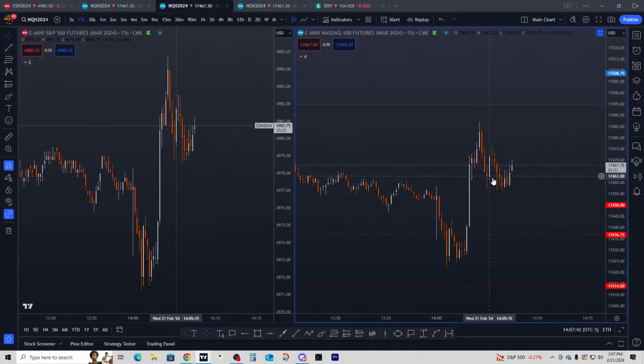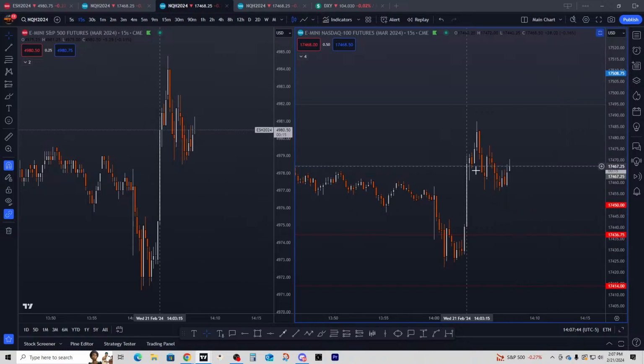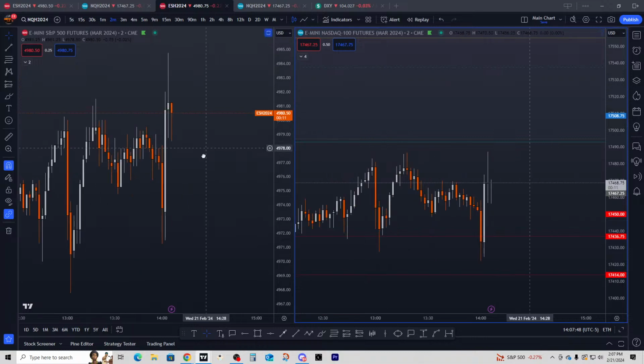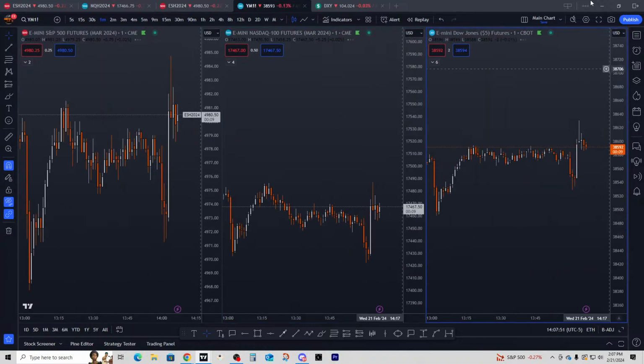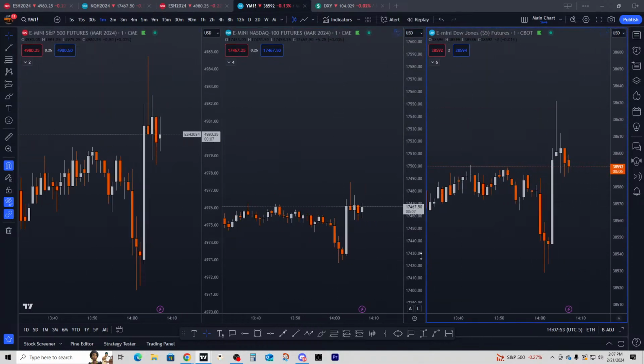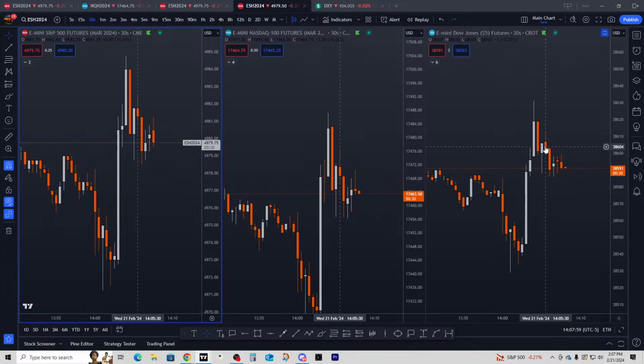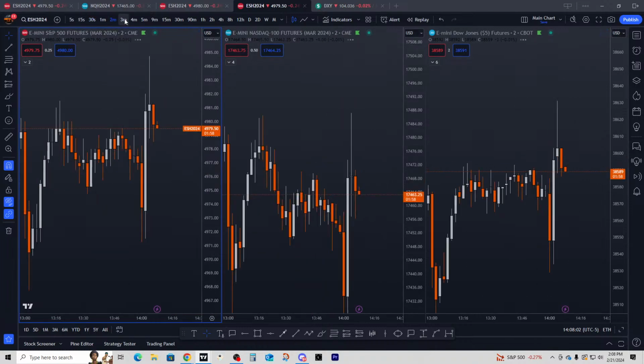There's something about it I don't like right now. I don't want to get too lost in these lower time frames, like I said, but paying attention to what we're getting here. They all made that lower low. So maybe this does use this fair value gap to start moving lower. I don't know.